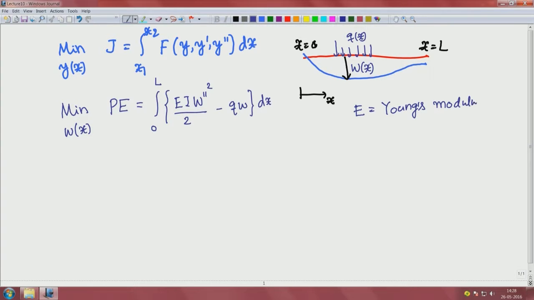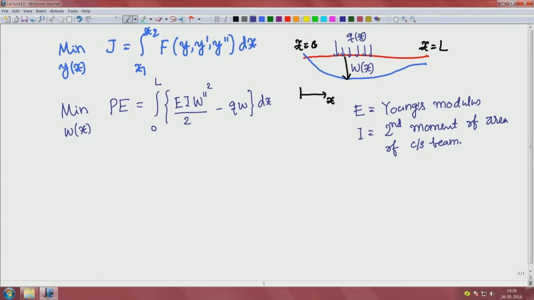I is the second moment of area of the cross section of the beam. We will discuss later where this comes about. First, let us take this problem and try to minimize it.